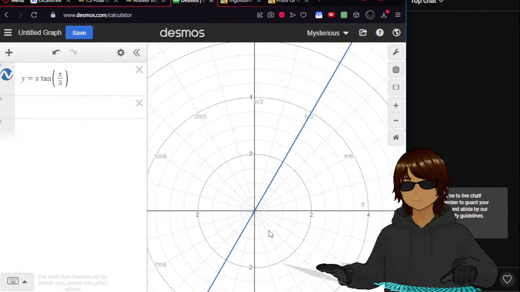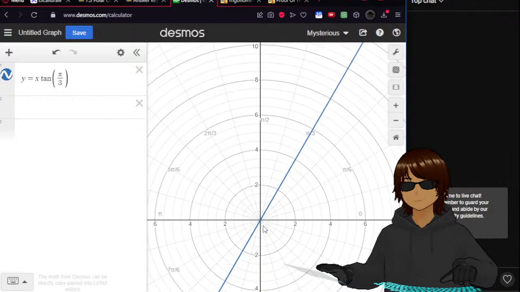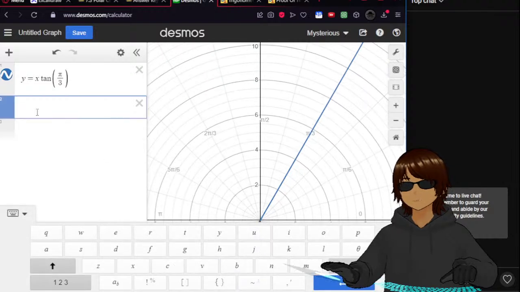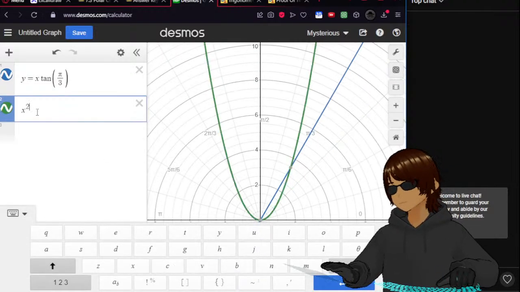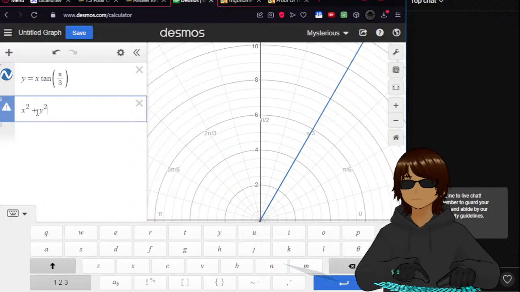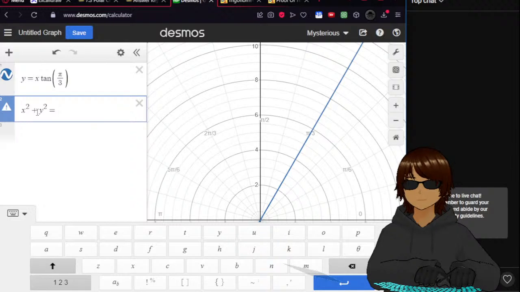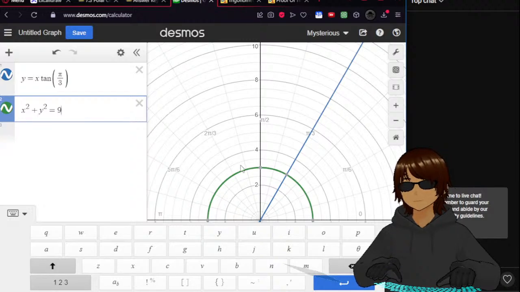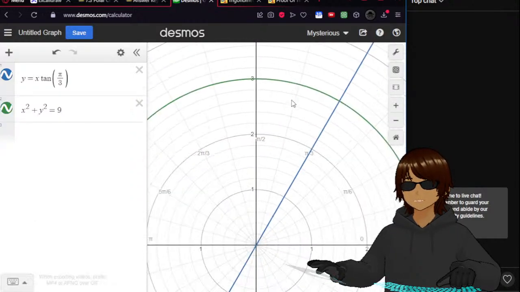Yeah, so if I do that, then I get r is equal to 3.